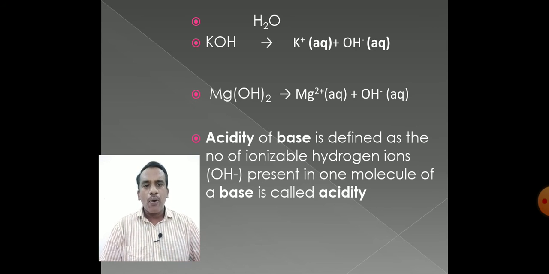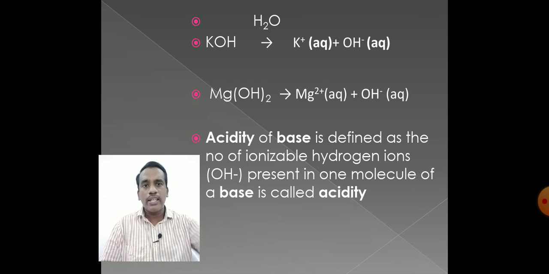Potassium hydroxide gives how many OH minus ions, children? Only one OH minus ion. So its acidity is 1, a monoacidic base. Now what is the acidity of magnesium hydroxide? In this you must balance the equation. The acidity of magnesium hydroxide is 2 because it gives 2 OH minus ions. So it's a diacidic base.